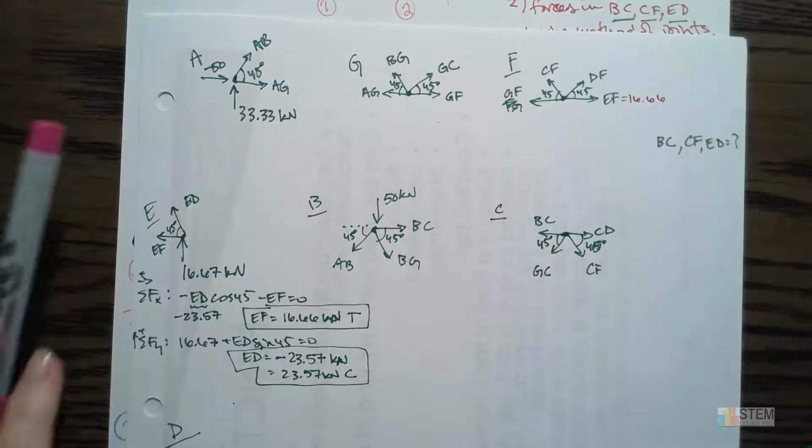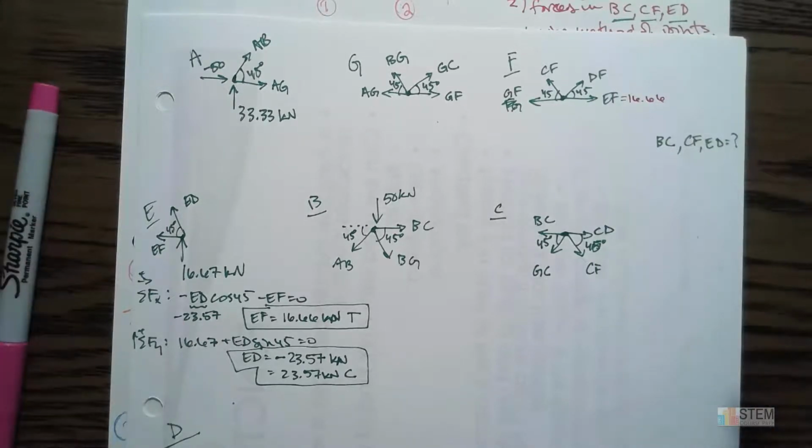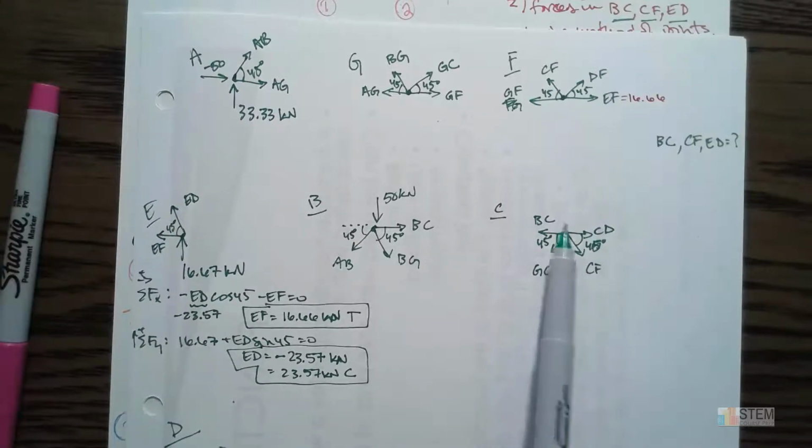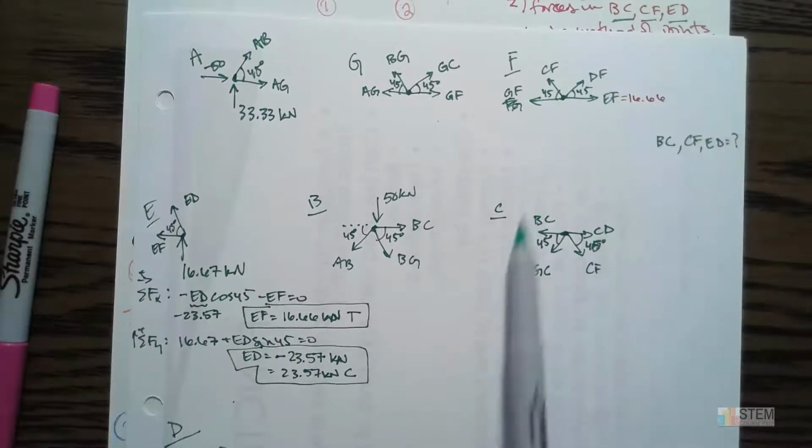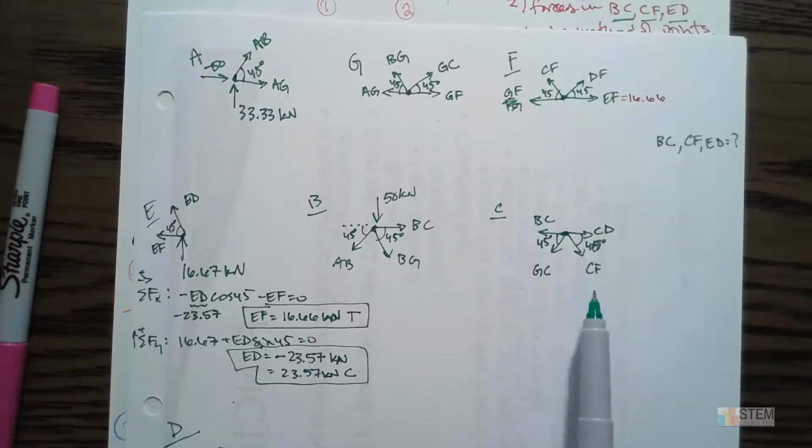So now I want to see if I can get BC and CF with just one diagram, but we're not going to be able to do that, I don't think. So let's look at C right here. This one has both of the unknowns in it, right? It's got BC and CF, but it still has 4 unknowns, so I'm not going to be able to solve for that one yet.